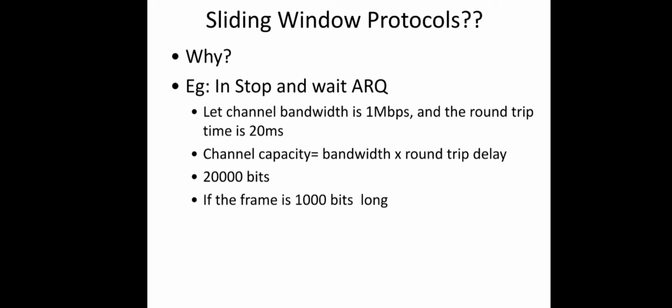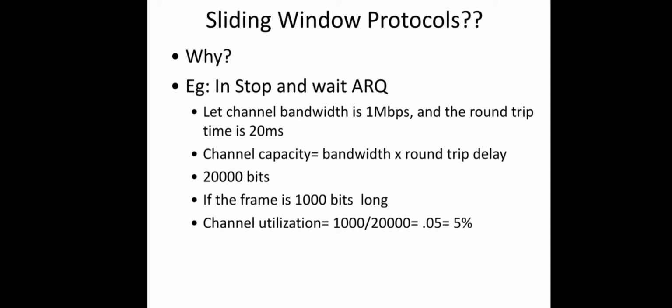So actual useful communication is just 1000 bits instead of 20,000 bits. Okay, so what's the channel utilization there? 1000 divided by 20,000. Just 5% of the channel capacity is actually utilized if you are using this stop and wait protocol. The remaining 95% is completely wasted.